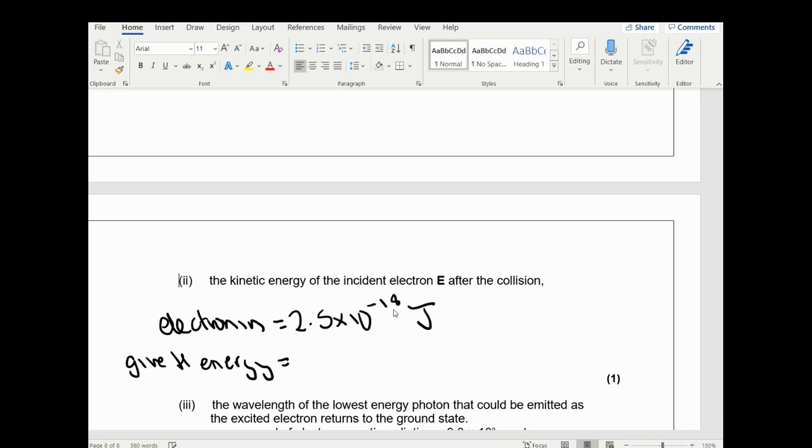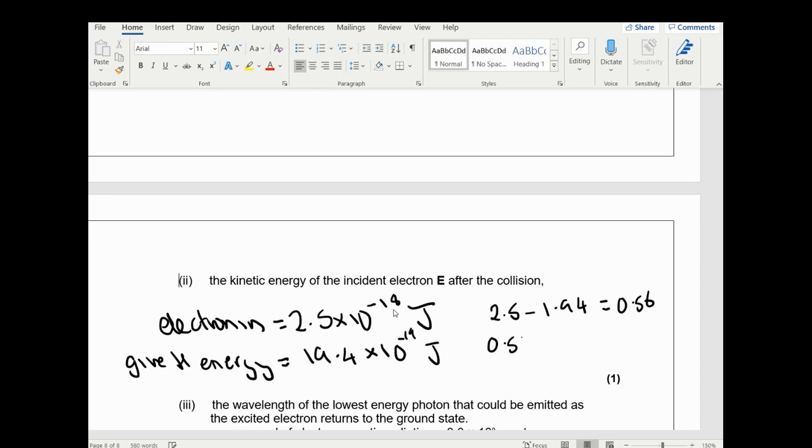I've just calculated that as 19.4 times 10 to the minus 19 joules. The energy in, I've already lost some energy here, so it's just the difference between these two. So 2.5 minus 1.94 is 0.56.